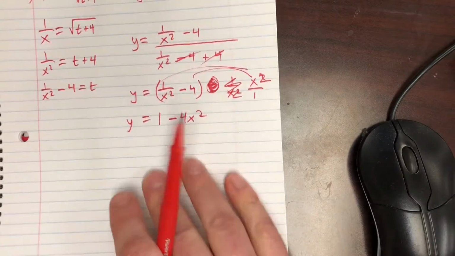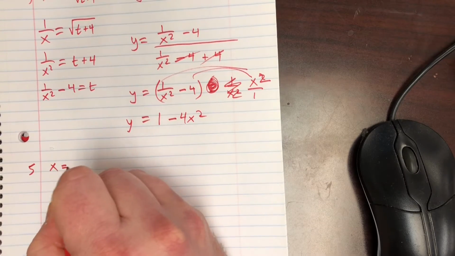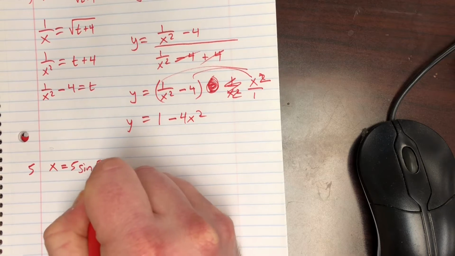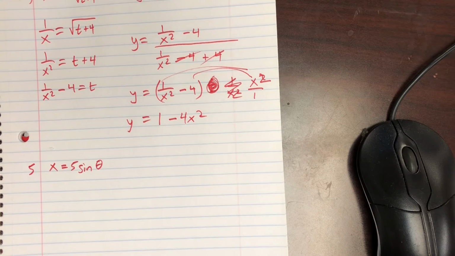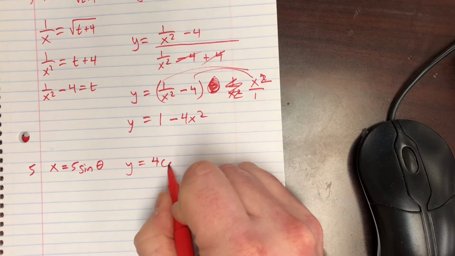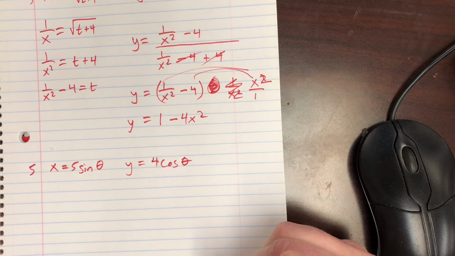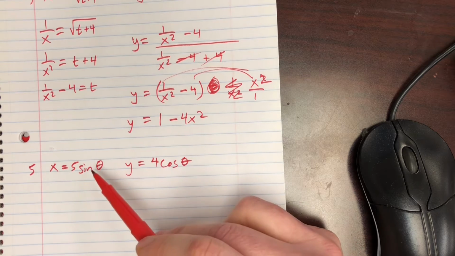I guess we should do one more. This is a classic. x is equal to 5 sine theta, and y is equal to 4 cosine theta. So we need to solve one of these for theta.